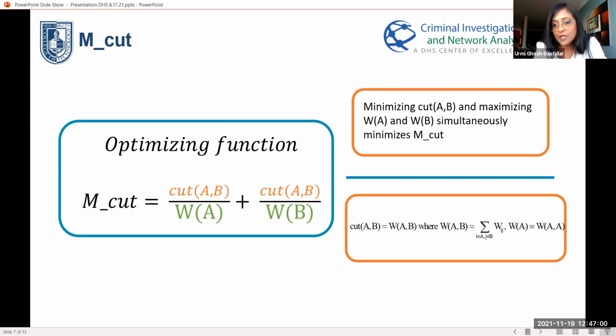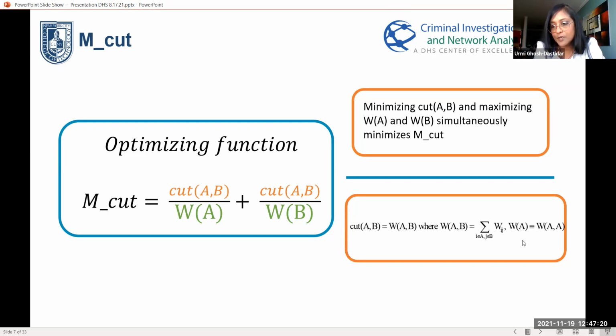We want to minimize that when you do the partition, because we want to partition in an optimal way, so that the similarity within the cluster is higher. So the weights are more connected to the nodes within the cluster.